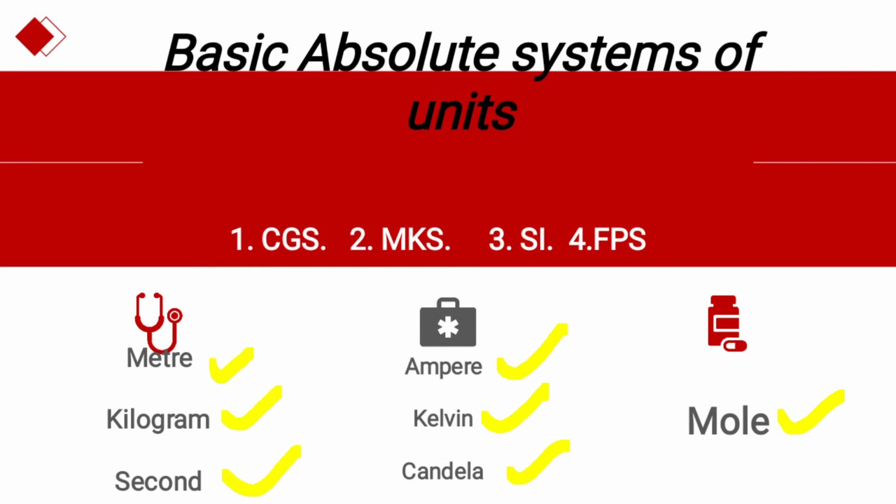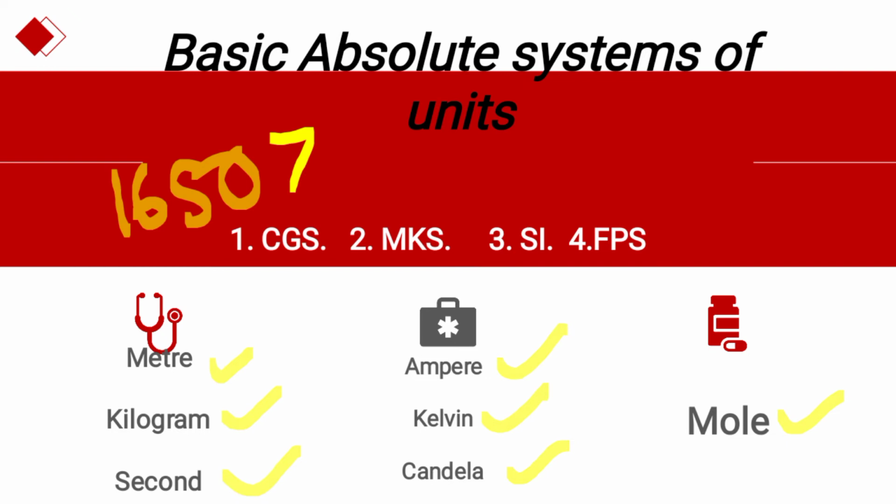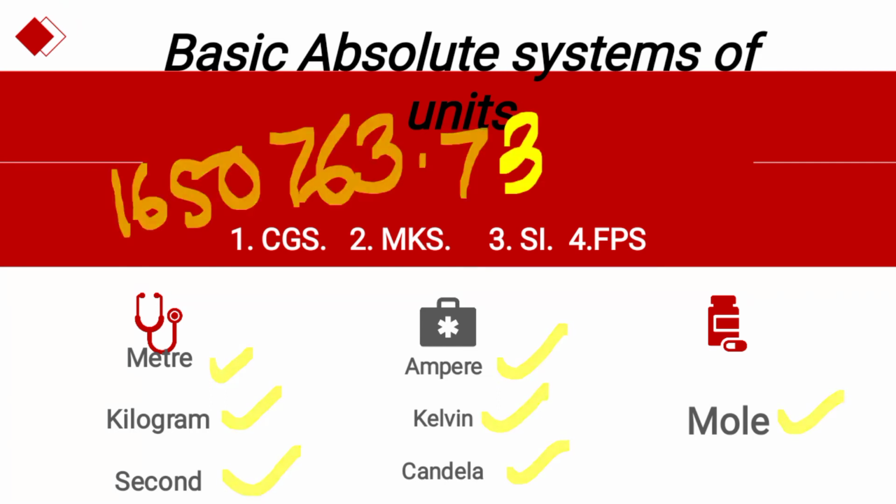1650763.73 wavelengths of red-orange light emitted by krypton isotope of atomic mass number 86.